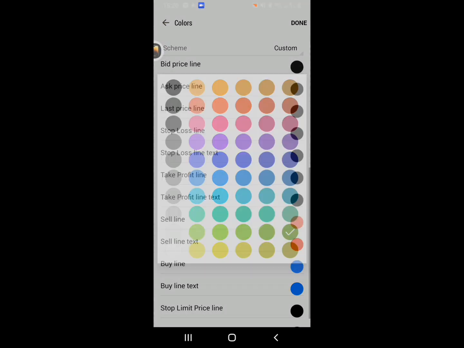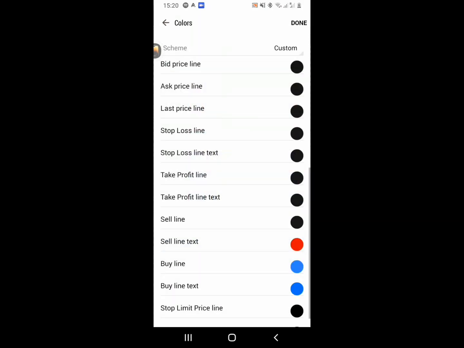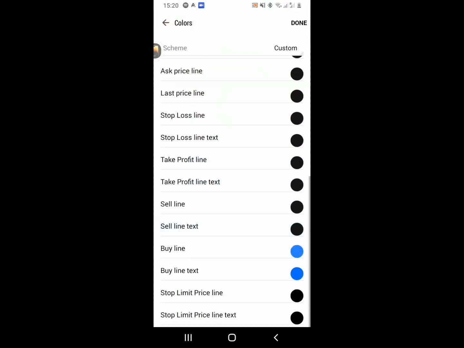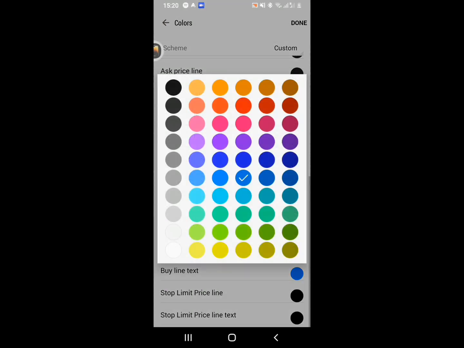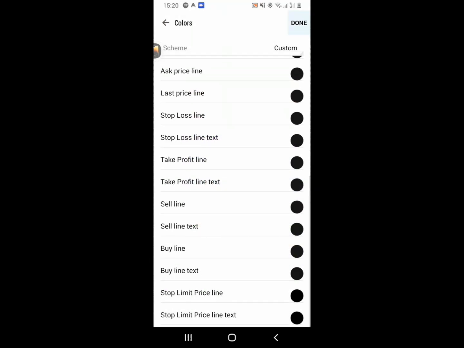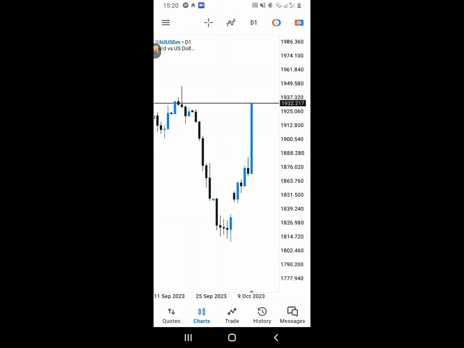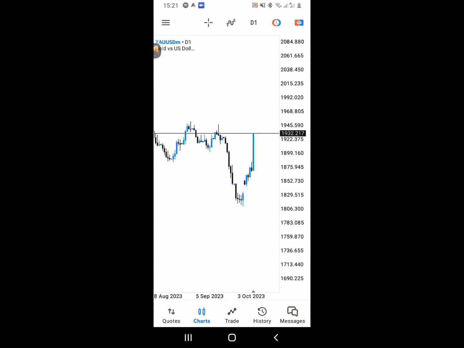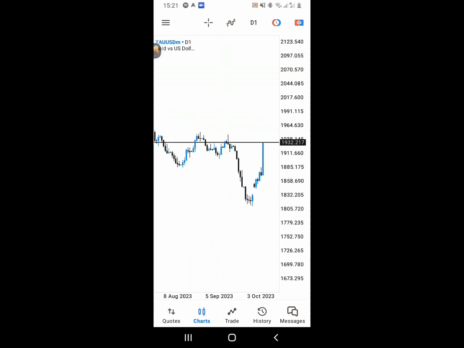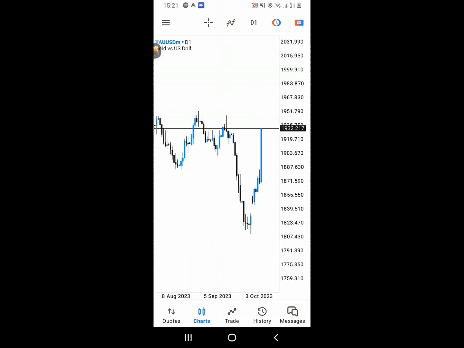Remember that these settings are for a video that I will be publishing during the week that will cover the new strategy that I'm working on. And like I said previously, in the meantime, I will be studying ICT concepts, which I will then implement in my next or upcoming strategies as well.